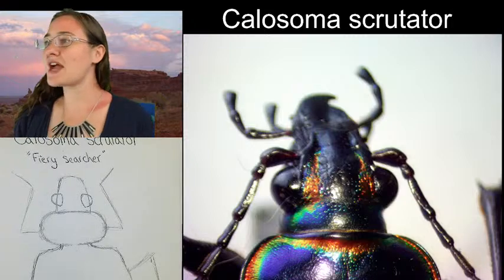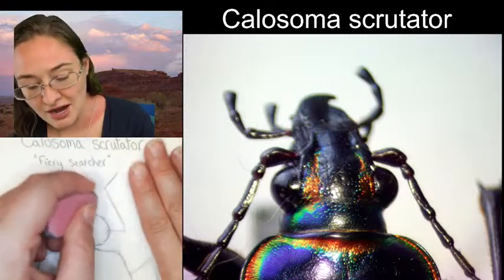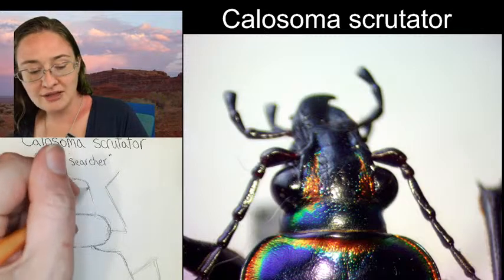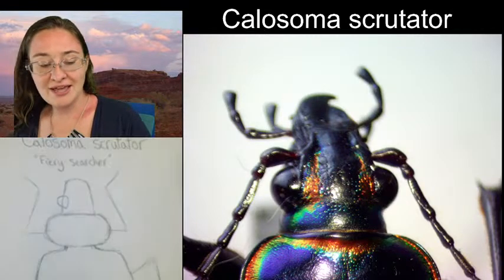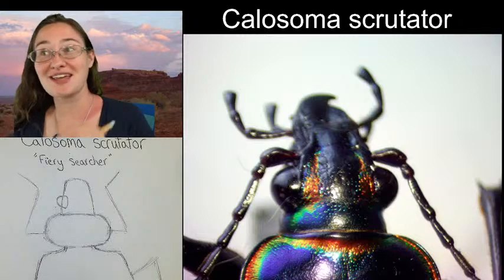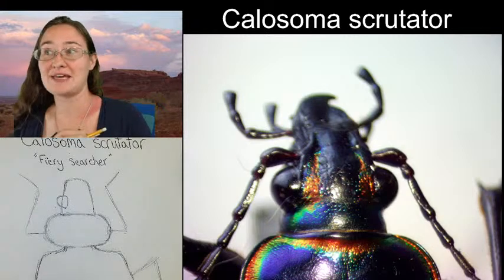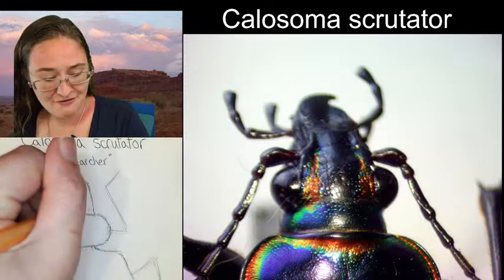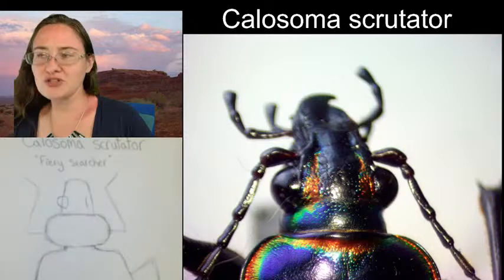Is the beetle that I am sketching common or rare? It depends on where in the country you are. Calosoma scrutator, for instance, can be found in Michigan, but I looked for it for years and never found it. Then I was traveling a little bit, and further south, they're more common.